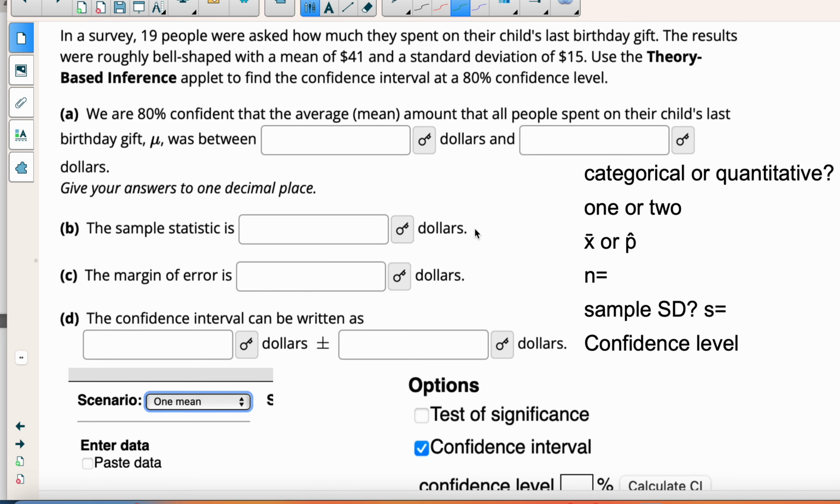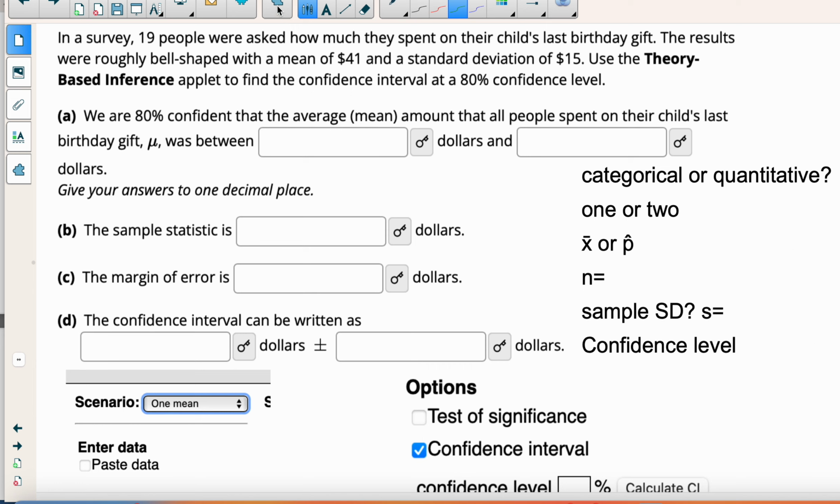If we look at an example, we have 19 people that were asked how much they spent on their child's last birthday gift. It was roughly bell-shaped, meaning it's a normally shaped curve, with a mean of 41 and standard deviation of 15. My sample size is n, and we want to use an 80% confidence interval using the theory-based inference applet.